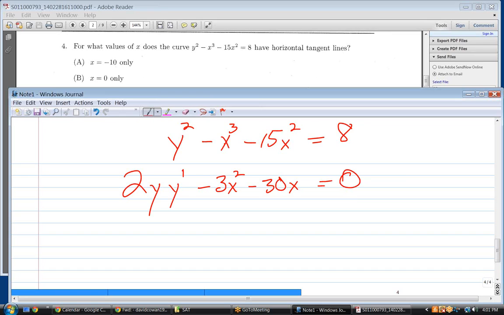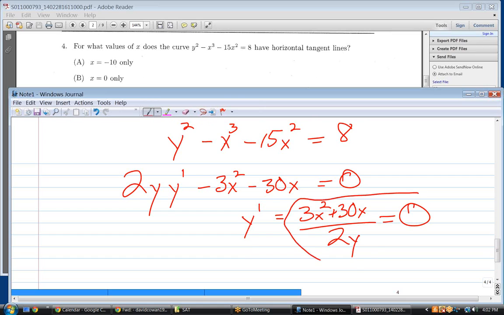Now let's solve for y prime. Go ahead. Wouldn't it be 3x squared plus 30x over 2y? And we're going to set that equal to 0 because that's where the tangent lines will be horizontal.